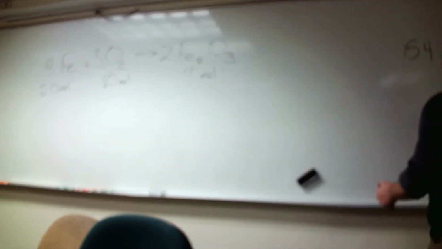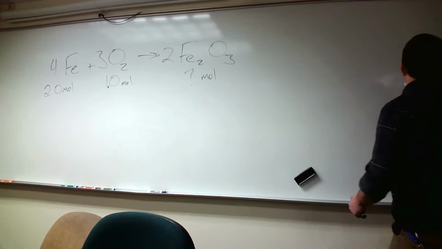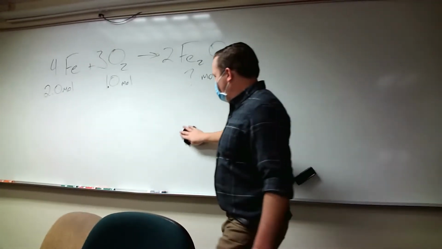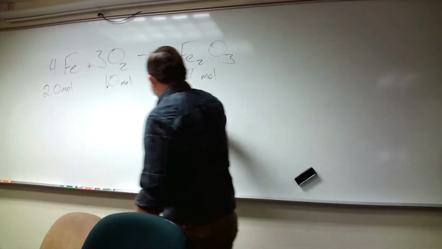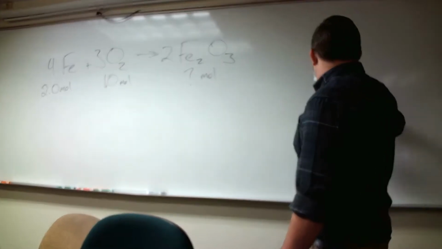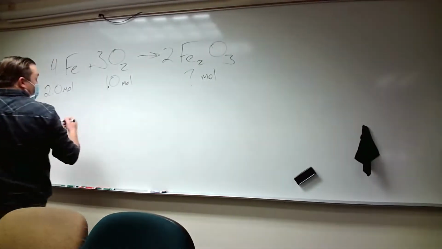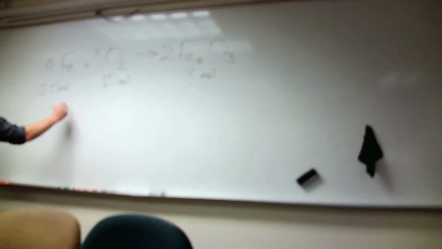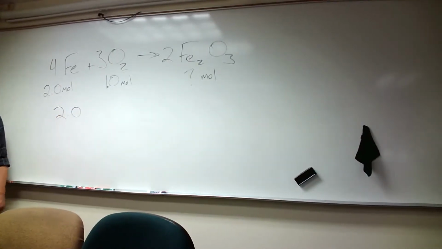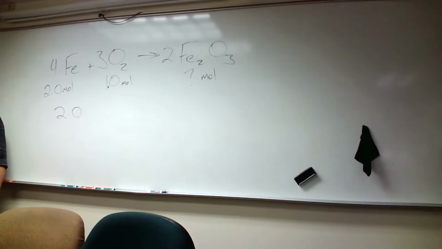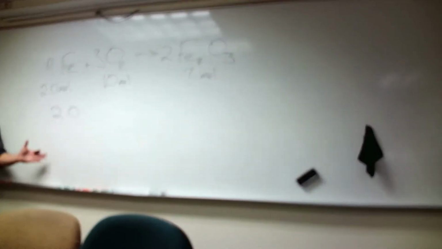Do your math first, Jordan. So the numbers aren't nice and clean, and we're not dealing with discrete objects like we were with the hamburgers. So you want to show your work.